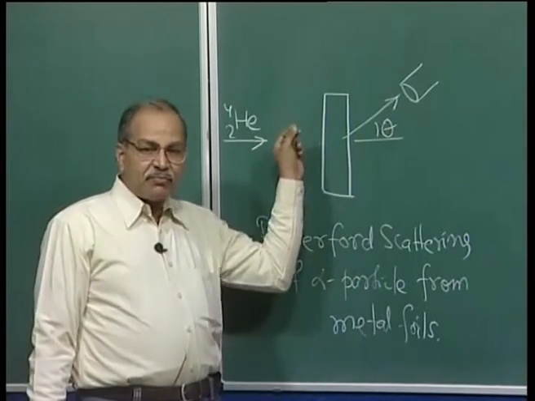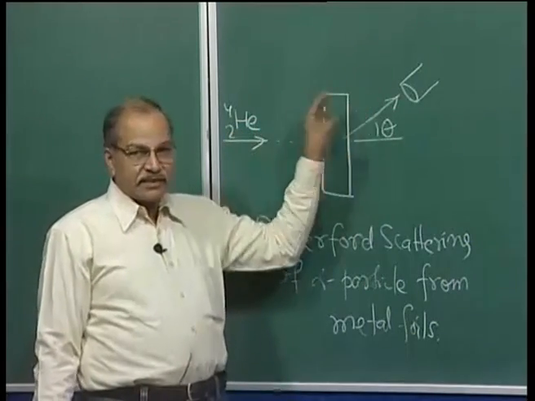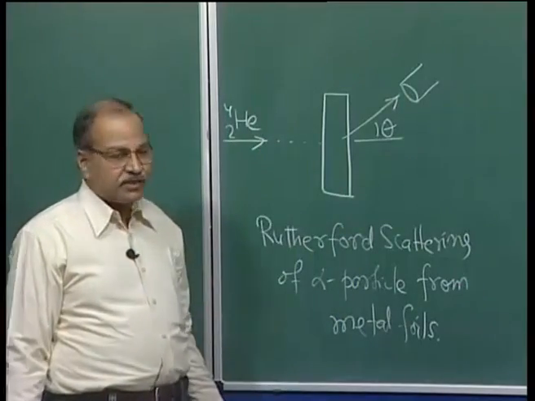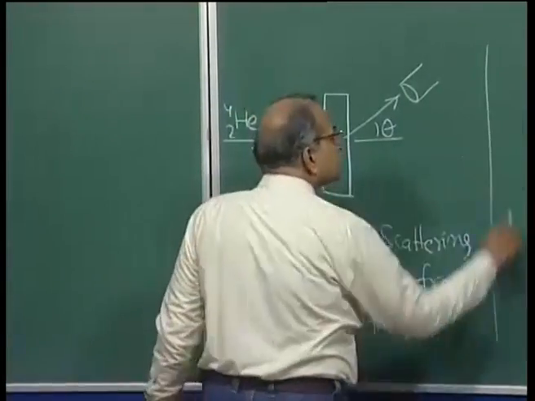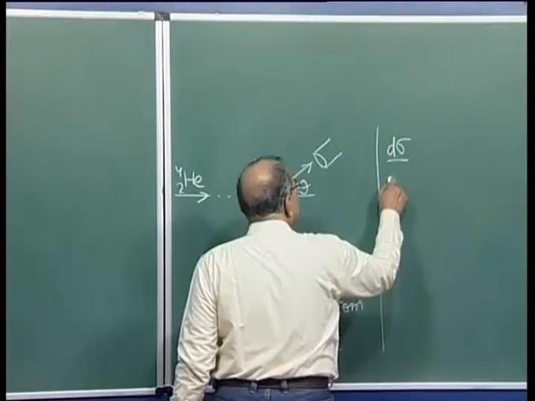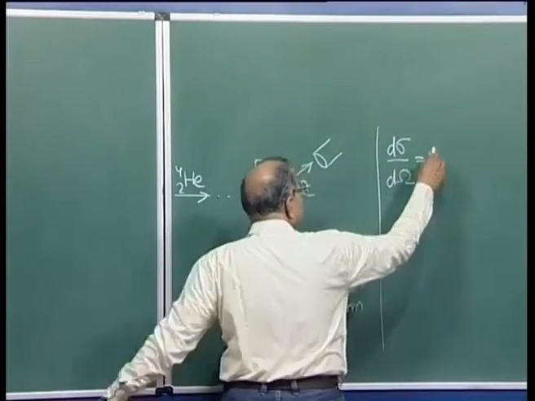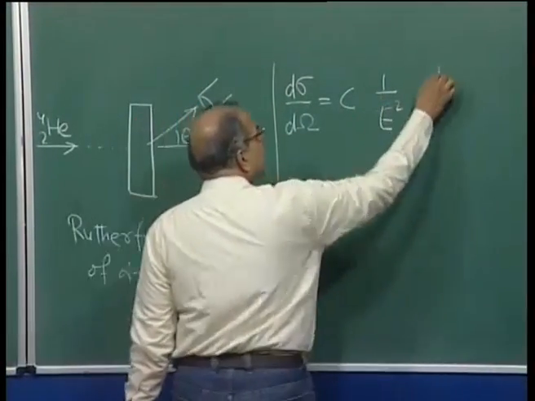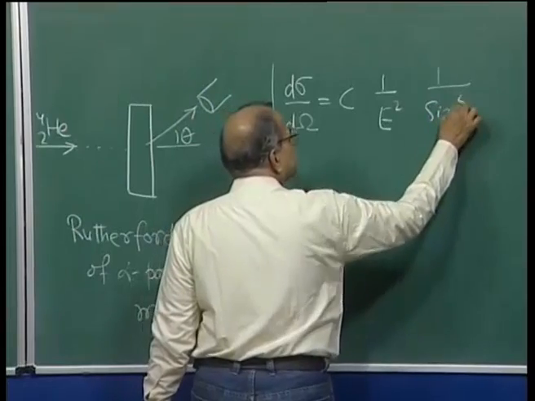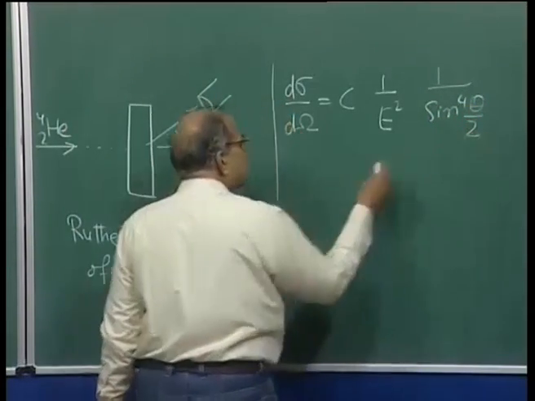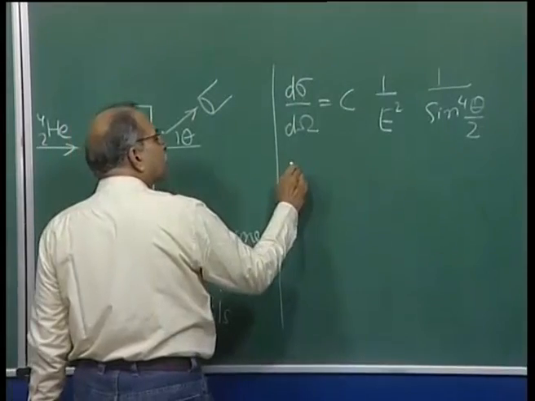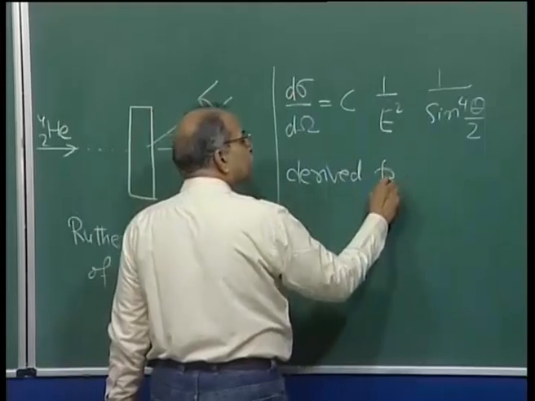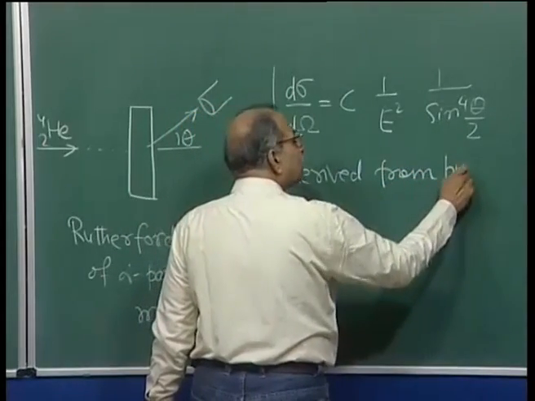But the interaction part, what deviates it, is in what you call the differential cross section, d sigma d omega, which turns out to be some constant, and then energy squared in the denominator, and the angle dependence is here. This is derived from purely Coulombic interaction.